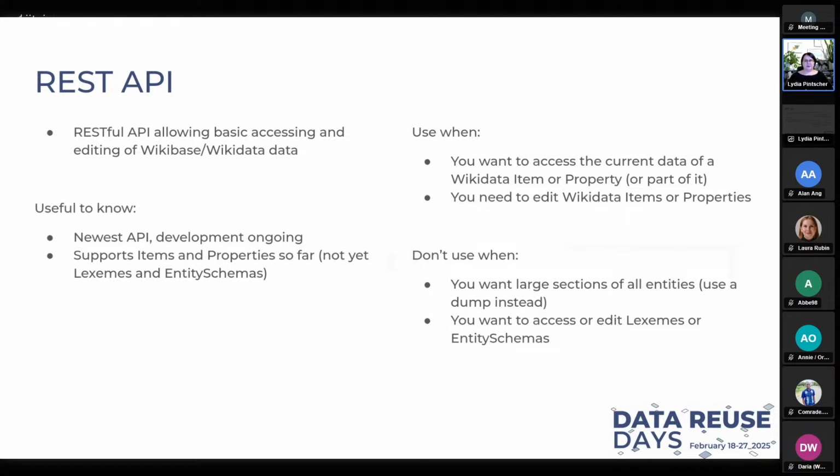It is now in its first stable version, but we're continuing to build it out. And there's a dedicated session for it later in the data reuse days. Right now, it supports items and properties. It doesn't yet support lexemes and entity schemas as other important parts of the data on Wikidata, but for most of the applications you're likely to build for now, you will need items and properties, so you should be fine.